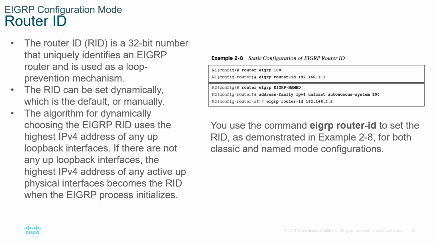That will then become the router ID for the process, and it will identify where the information is coming from. If we're using named mode, we need to enter the same process again. So under the named and the address family, then we put in the router ID.